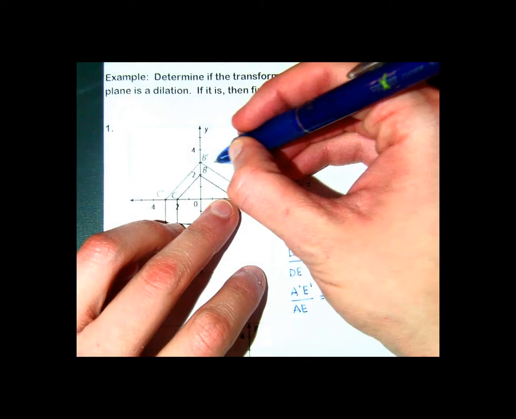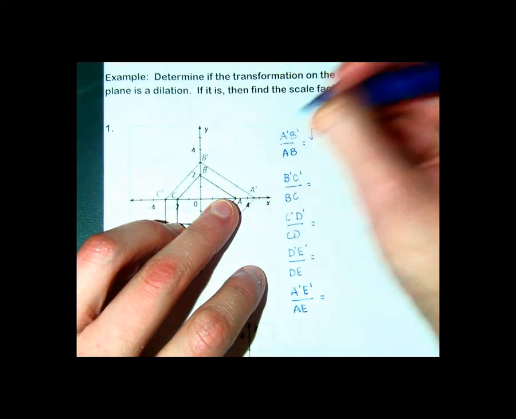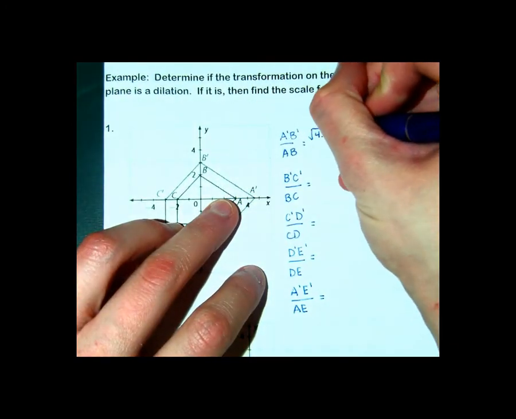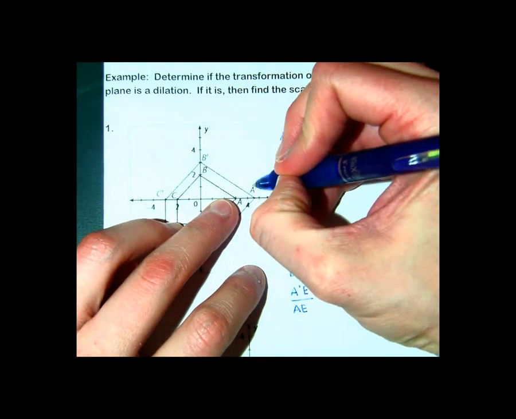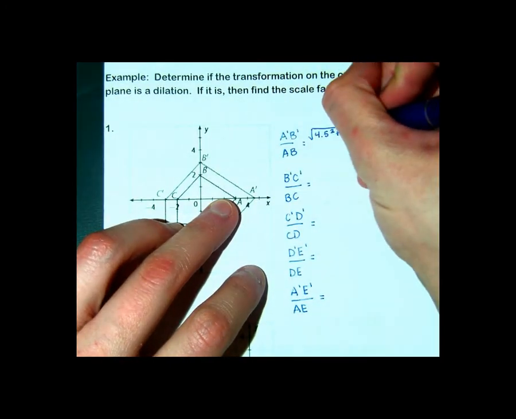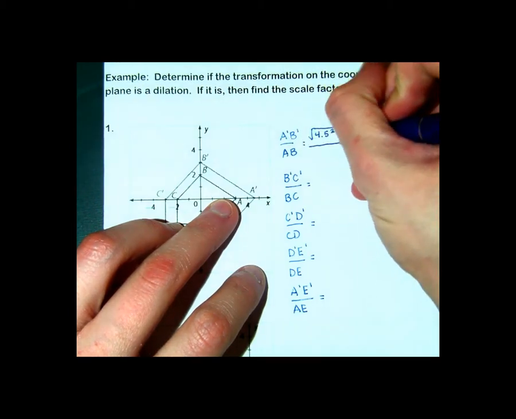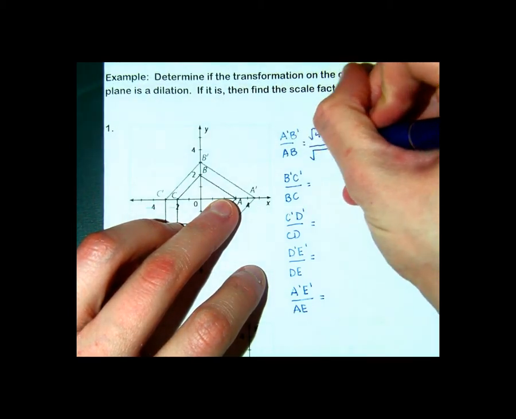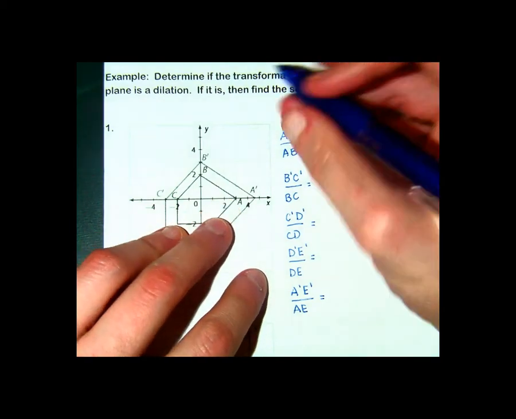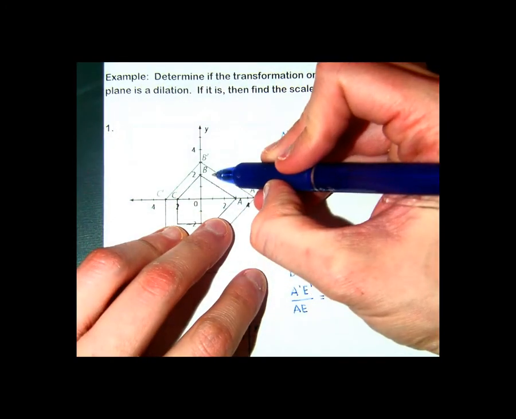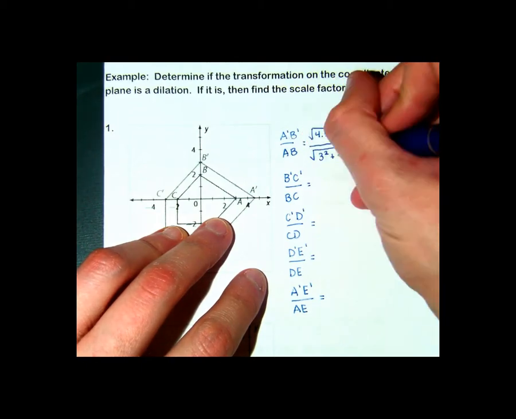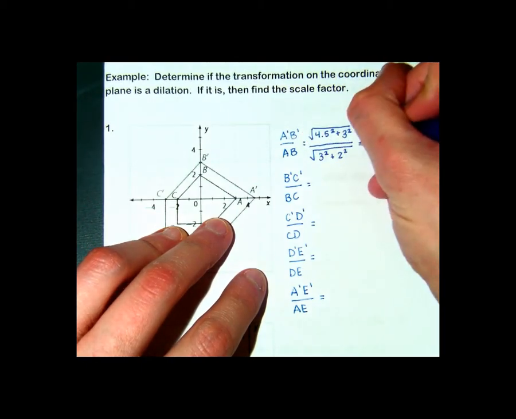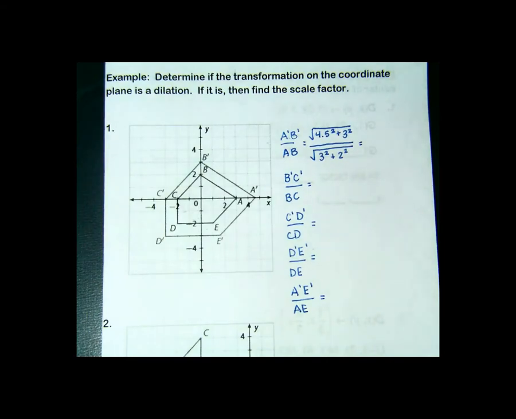My x is 1, 2, 3, 4 and a half squared plus 1, 2, 3 squared over the x is 1, 2, 3 plus 2 squared. And I do need to simplify those out.